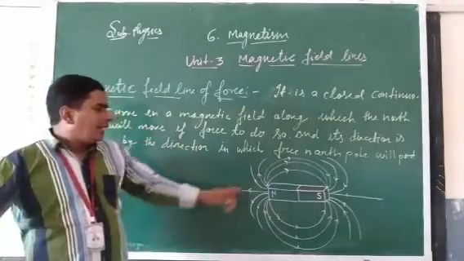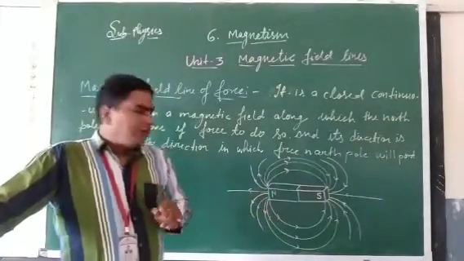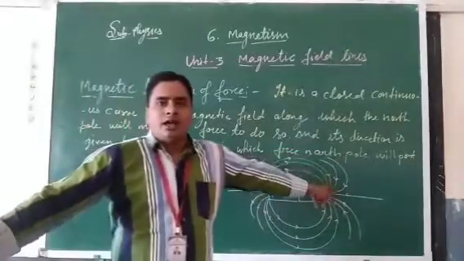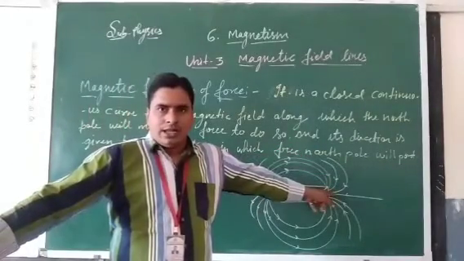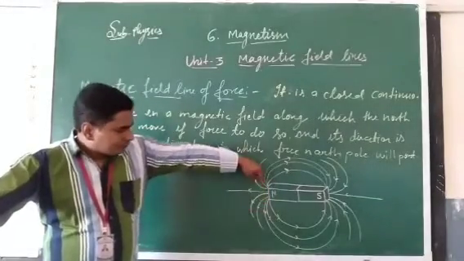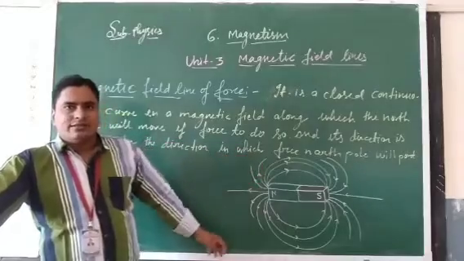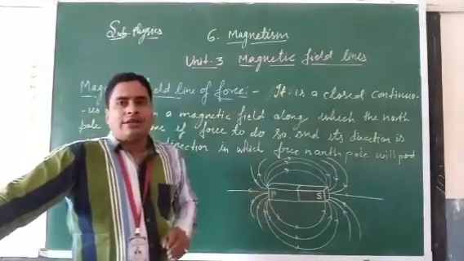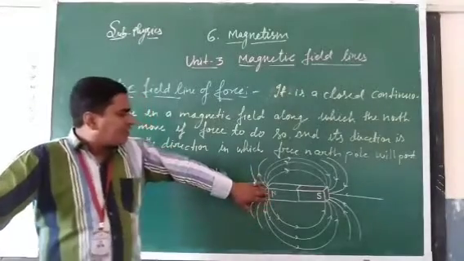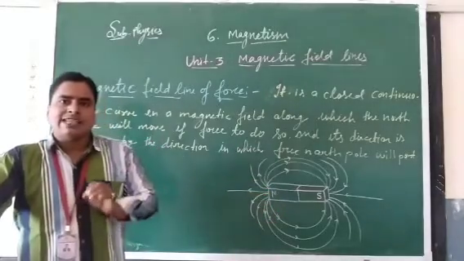Clear? Okay. And if we draw the magnetic field of a bar magnet, we find that the field lines start from the north pole and end at the south pole. Clear? And one more thing we found: the field lines are densest at the ends of the bar magnet. The strength of the bar magnet is maximum at the poles.